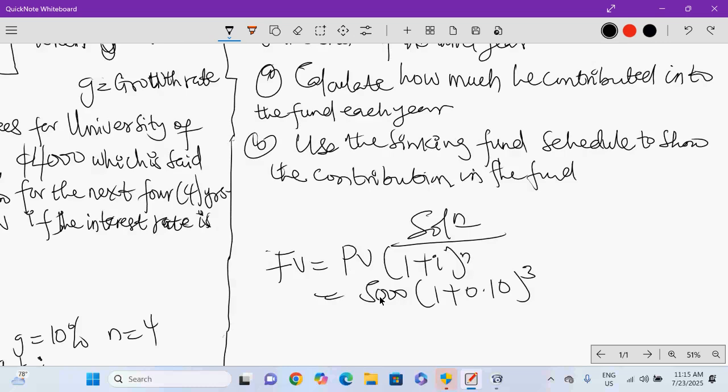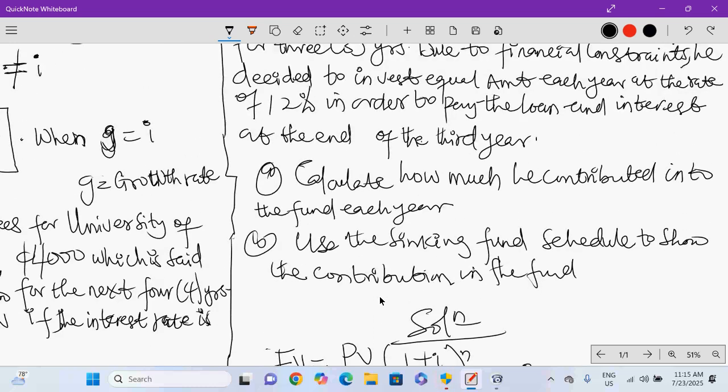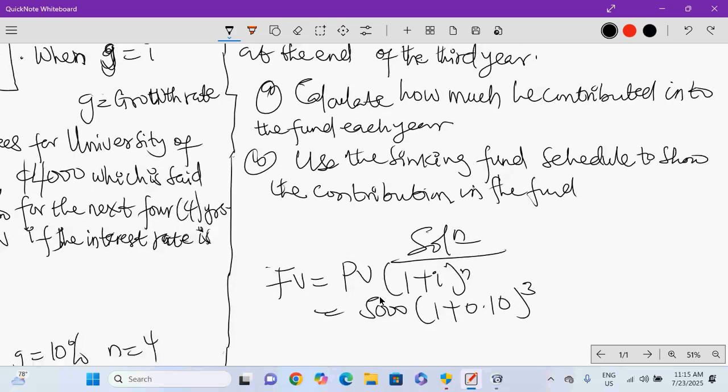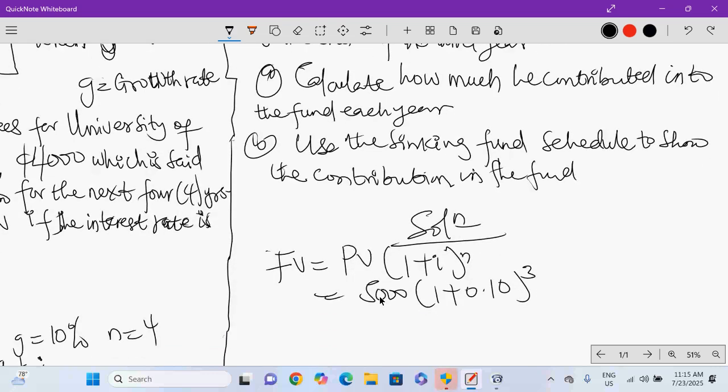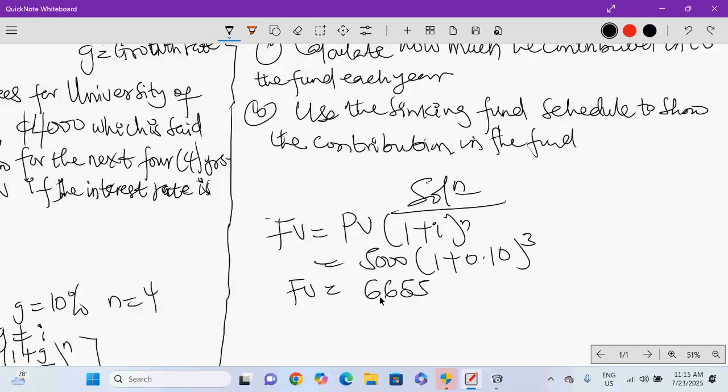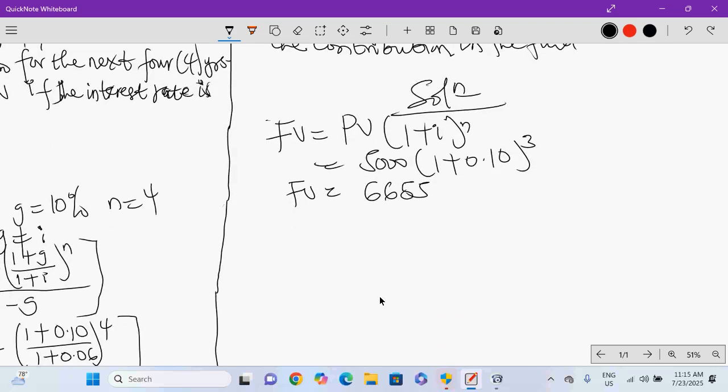Number of periods is 3, for 3 years. So what is the future value of the loan? That will be 6,655. That is the future value of the loan.